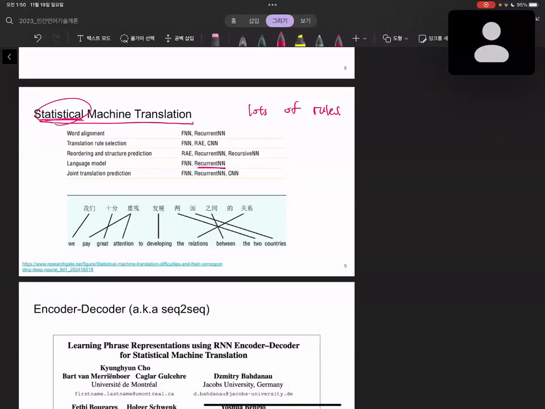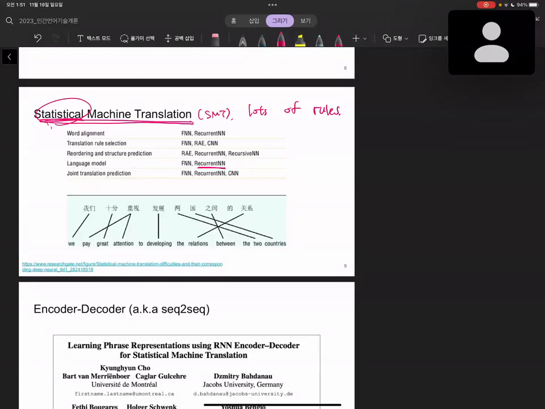Imagine how many rules are required for machine translation. A very large number of rules are needed. In this SMT, we need hundreds of thousands of lines of source code.